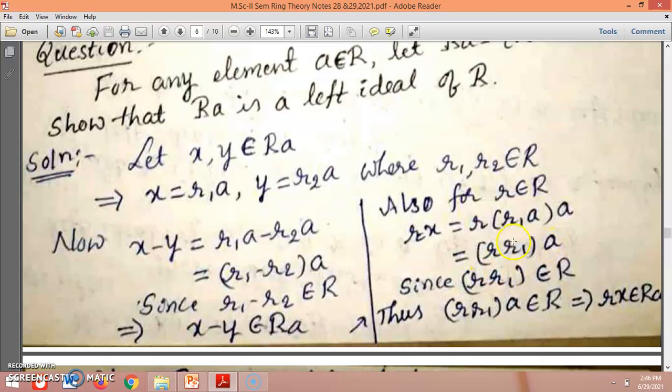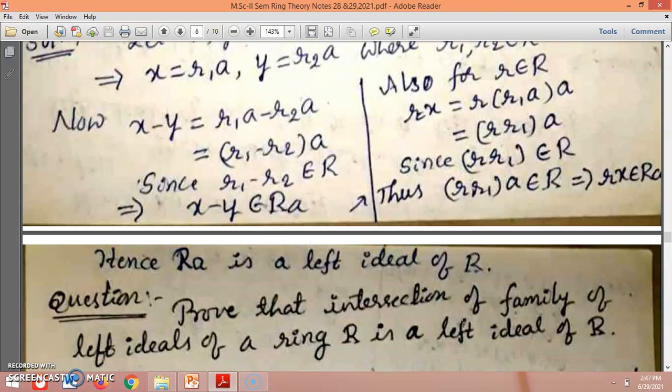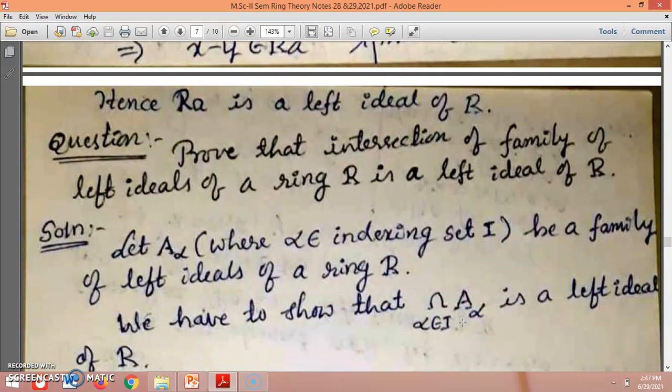Since r and r1 are members of R, r times r1 is a member of R, so rx is also a member of Ra. Since Ra satisfies closure under addition and also this property, it holds that Ra is a left ideal of R. Hence Ra is a left ideal of R.